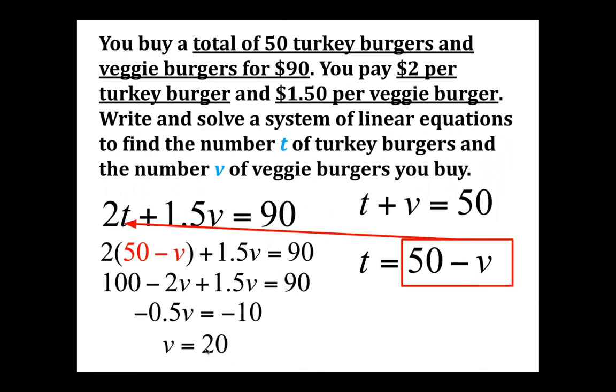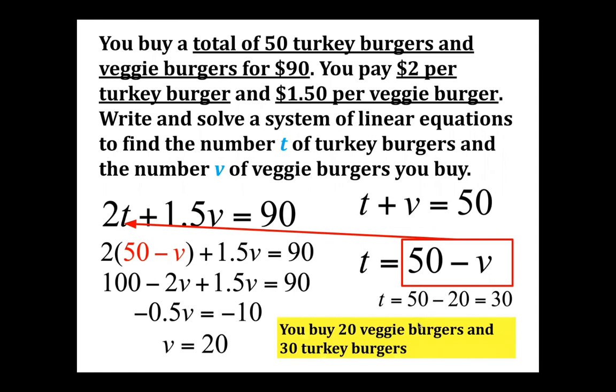So go ahead and substitute v equals 20 into your original equation to find t. So I'll substitute v into t equals 50 minus v so that we can find our t value. 50 minus 20 would equal 30, so our t value equals 30.